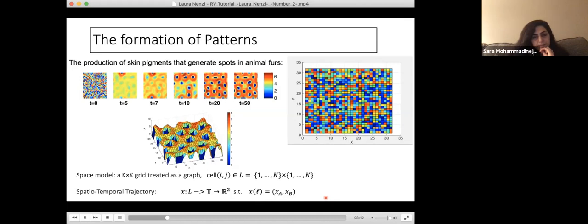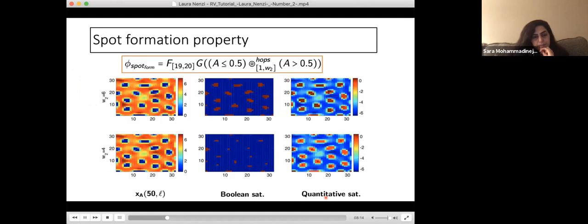Okay. As a first property, we want to describe the formation of the spot. We can use, to do that, and probably you will guess it, the surround operator, because it works very well to describe regions that satisfy a certain property and that are surrounded by another region that satisfies a second property.